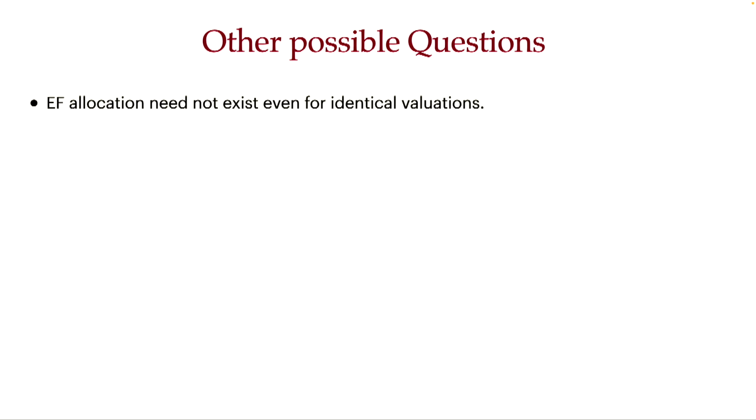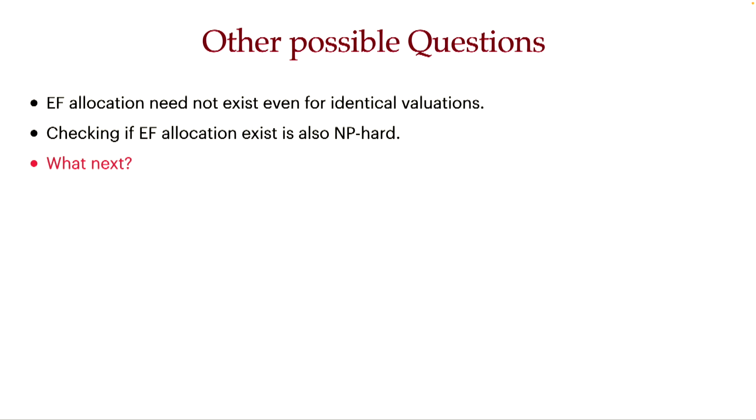So, we know that an EF allocation need not exist even for identical valuations, and checking is also NP-hard. But what next can we ask? When there is only one item type, what does that mean? Currently we were looking at it from the agent perspective.